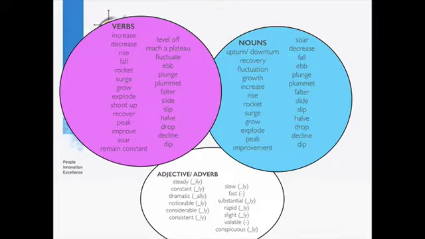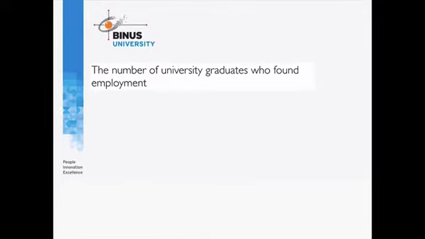noun? So let's go back to the example sentences that I showed you, and we'll look at these in more detail. So with this sentence, notice that you begin with what is called the variable. And here we have the number of university graduates who found employment.